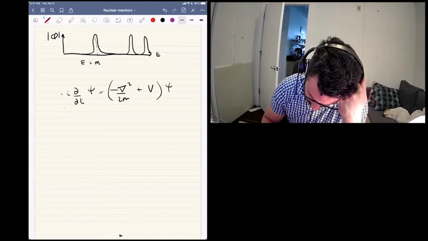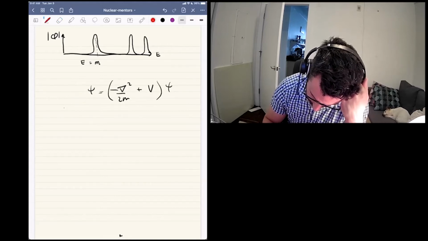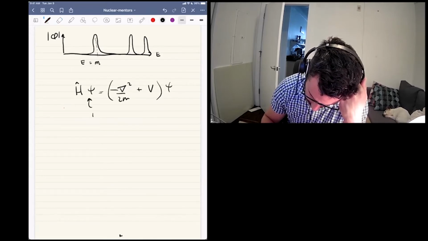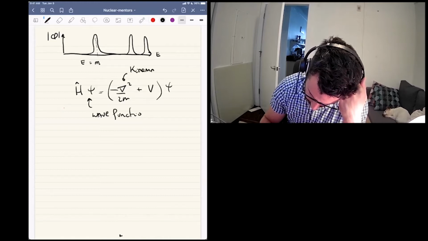Let me just write it as a much simpler expression. I have that the Hamiltonian, which is some operator that acts on the wave function, this is my wave function, is equal to the kinetic term plus the potential.